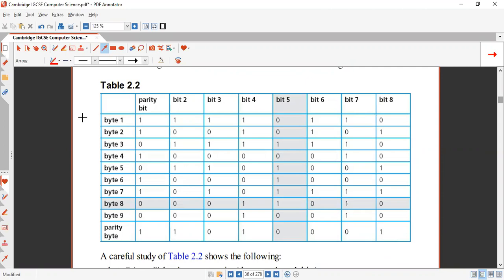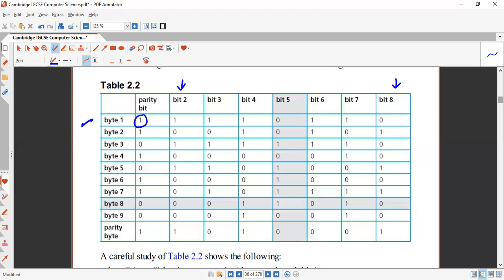So for the row wise, we are starting with byte number 1. For byte number 1, the parity is given to us as 1. Now just let me know, the number of ones in this row should be odd or even? Odd. Okay, so now count the number of ones from bit number 2 till bit number 8.